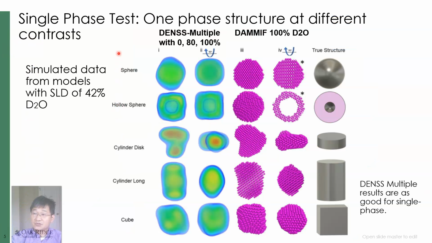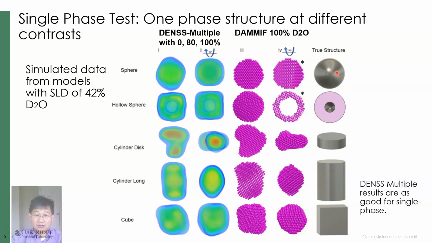The first test we did is a single phase test, just one phase structure, measured at different contrasts. The simulated data are from models with scattering density equivalent to 42% D2O. Those are the true structures.